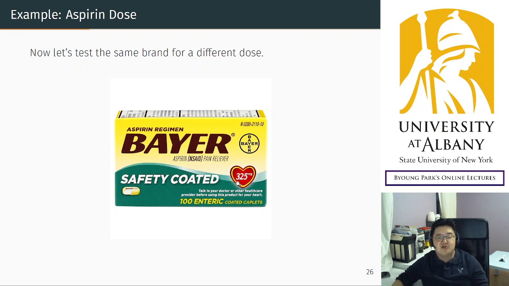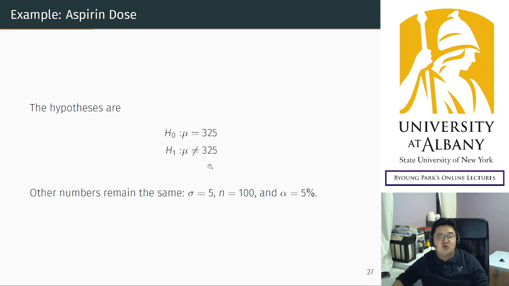We are going to consider the null hypothesis that mu is 325, and the alternative hypothesis is the negation of that. All the other numbers are the same. Standard deviation is 5, sample size is 100, significance level is 5%.